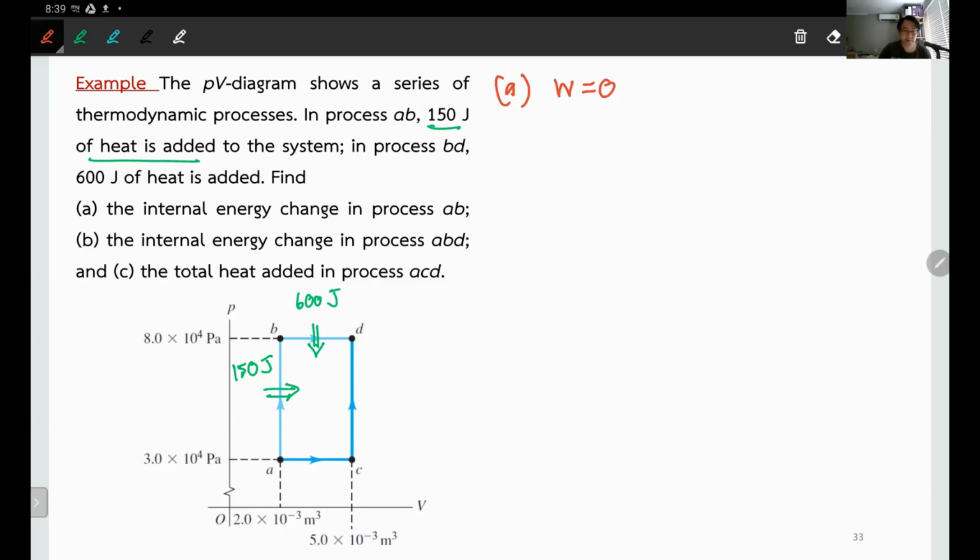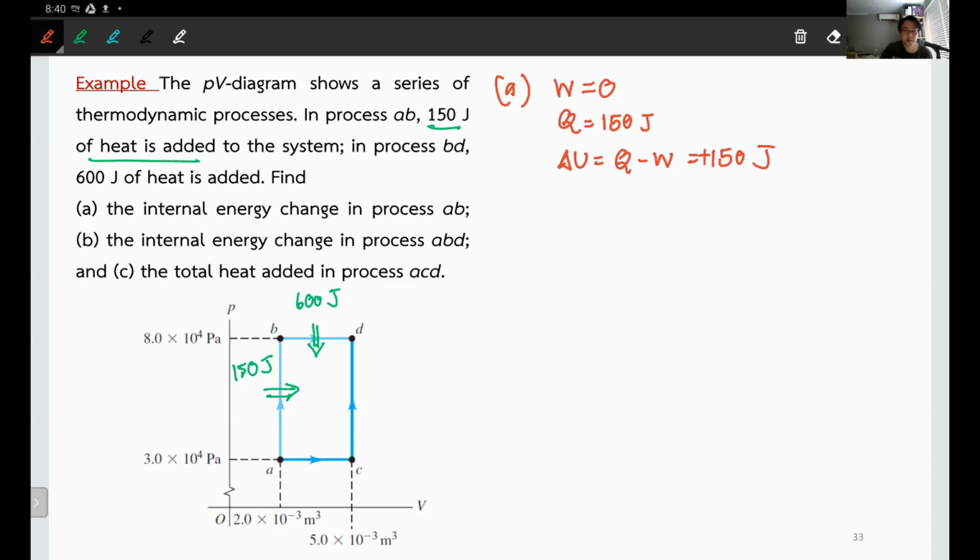So that's done. The easier one is that you already know the Q during this process is given. You don't even have to calculate. So you already have 2 components in the first law of thermodynamics. From the first law, delta U equals Q minus W, and that's it, 150 joules. And it's positive because the heat is in, so you can put a positive sign there to confirm that the change of the internal energy is positive.